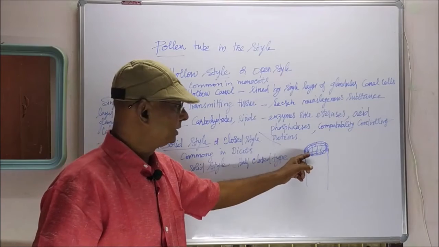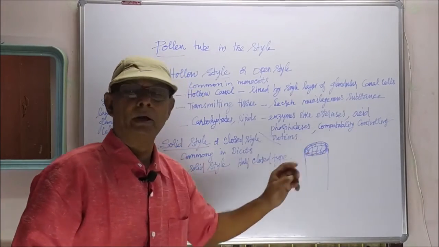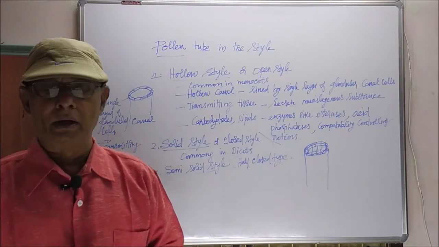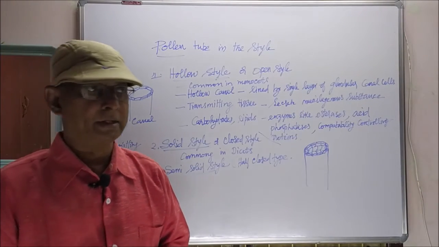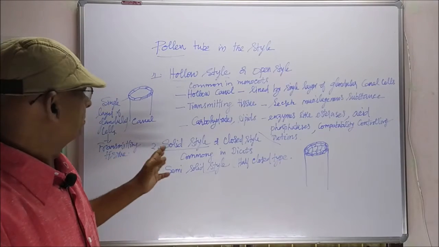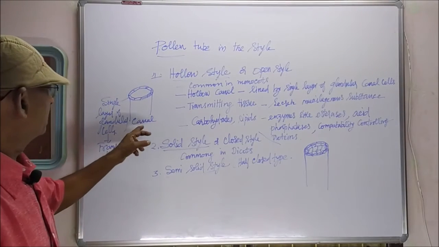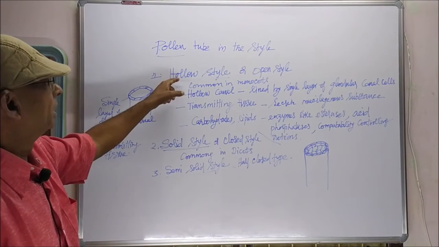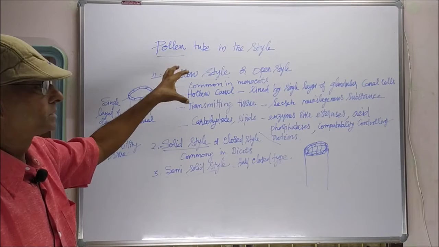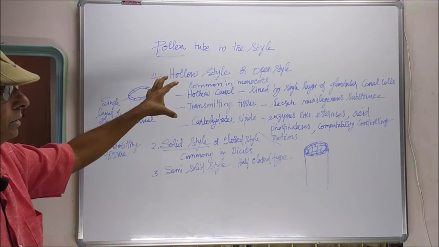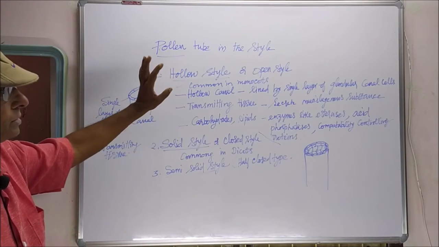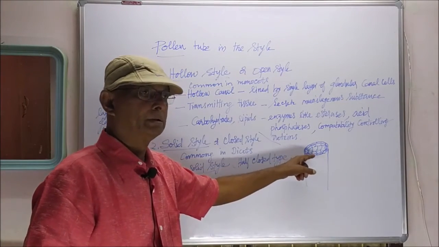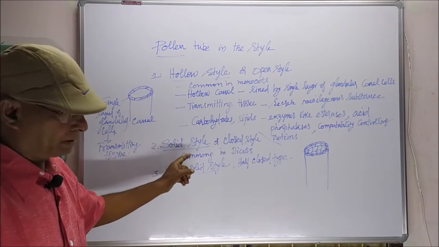Here the transmitting tissue is fully occupied inside the style, and it is the same as that of the hollow type and does the same function. The glandular tissue, glandular canal cells, collectively called transmitting tissue, as in the case of hollow style. Here the structure and functions of the transmitting tissue are completely equal to that of the hollow style.